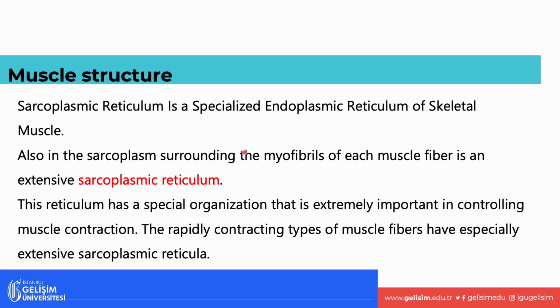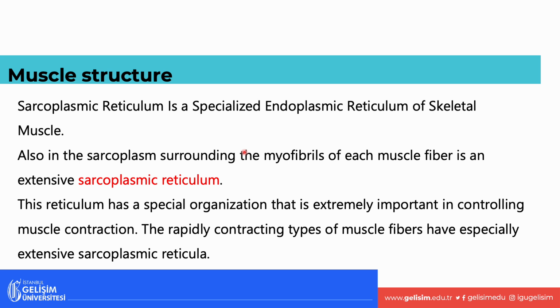All right, the sarcoplasmic reticulum is a specialized endoplasmic reticulum found in skeletal muscle fibers. It's located in the sarcoplasm surrounding the myofibrils and has a unique organization that's crucial in controlling muscle contraction. The SR, sarcoplasmic reticulum, functions as a calcium store and release system.